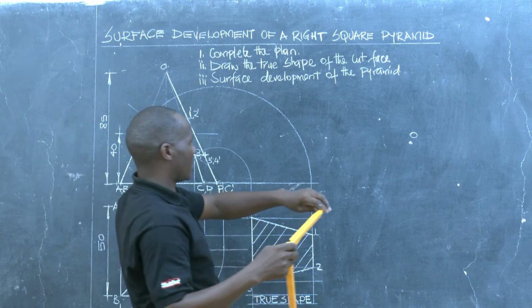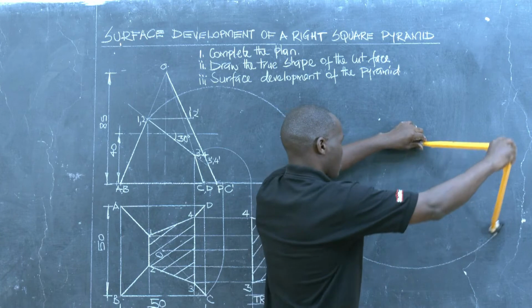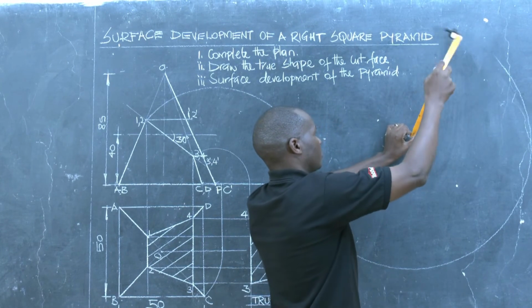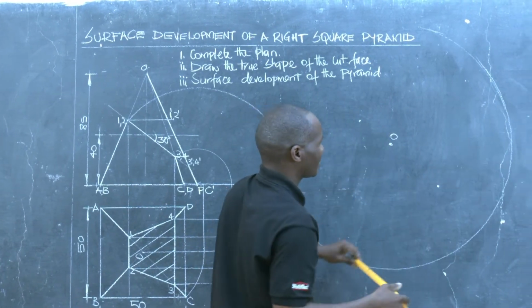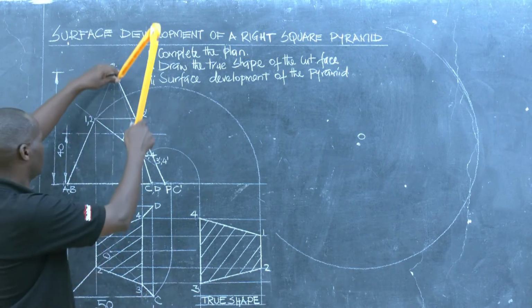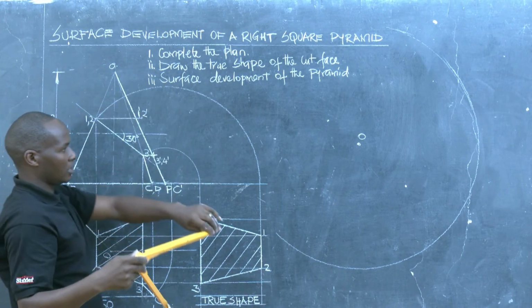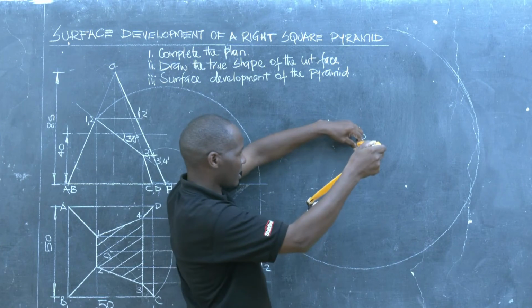So using center O, we draw the first arc. Then we'll get radius O3 prime, 4 prime. Then using the same center, describe another arc.